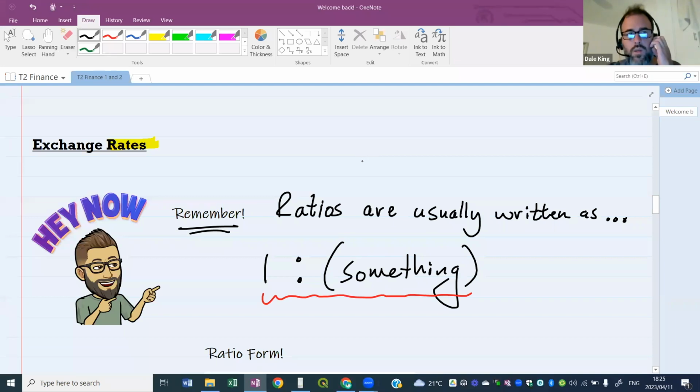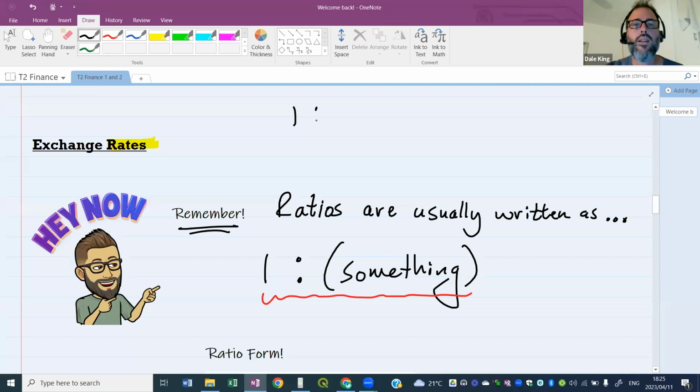Okay. So when we talk about exchange rates, we're always talking about one currency versus another currency. But you've got to have one of the one currency on the left and then anything you want on the right hand side. So in your comparison, one of the currencies will always be changed to a 1. That's what you need to know.